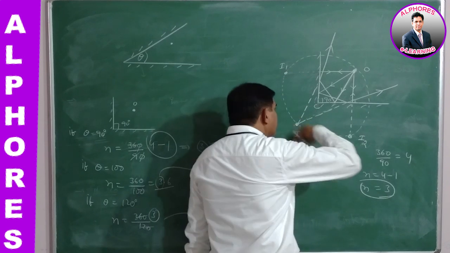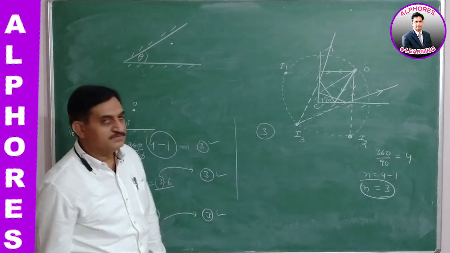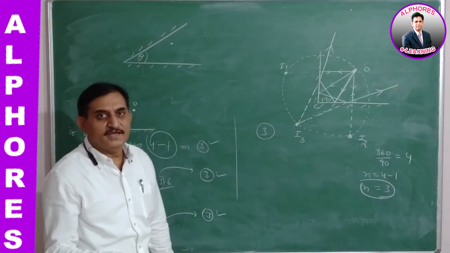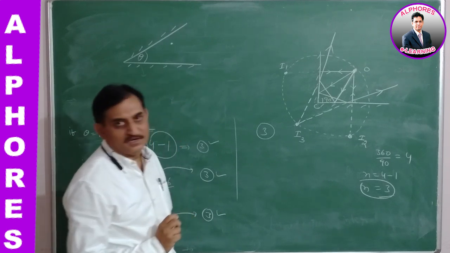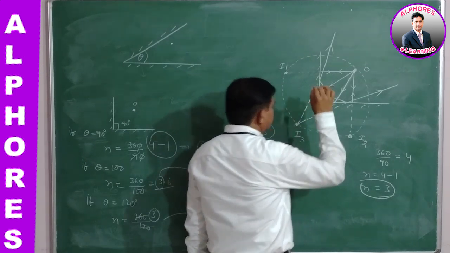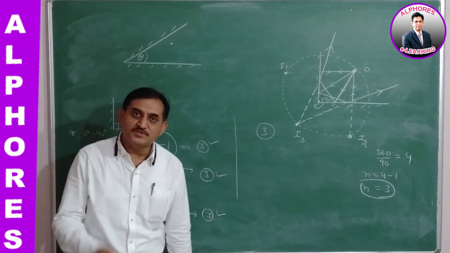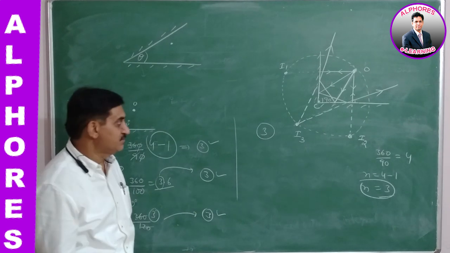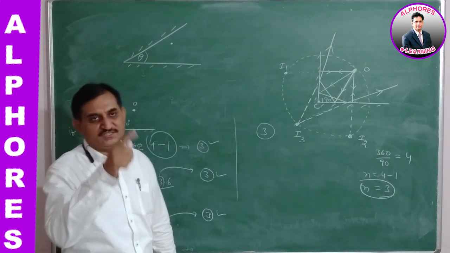So these three images, including the object, all lie on the circumference of a circle. C is the intersection point of the two plane mirrors which are kept at right angles to each other.